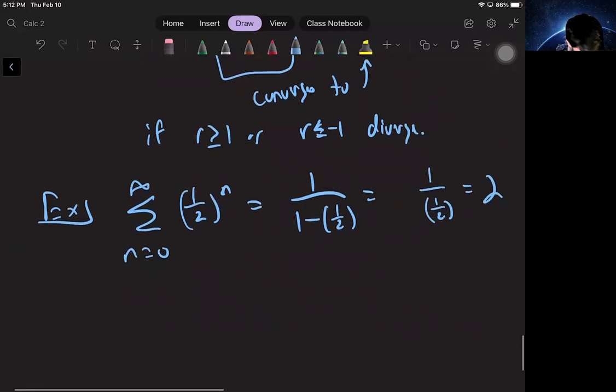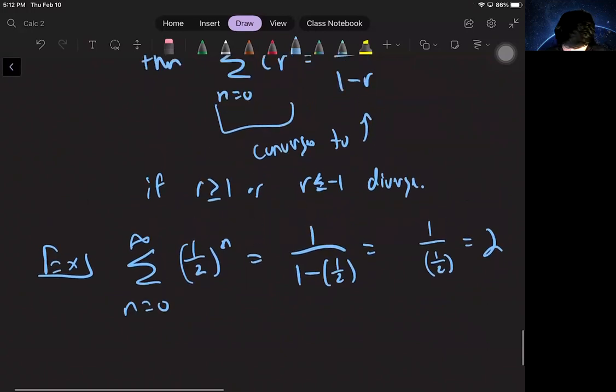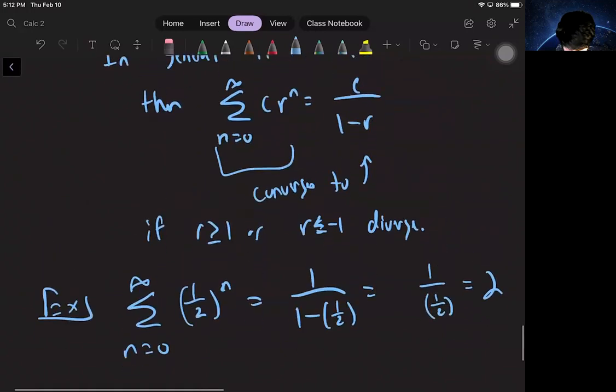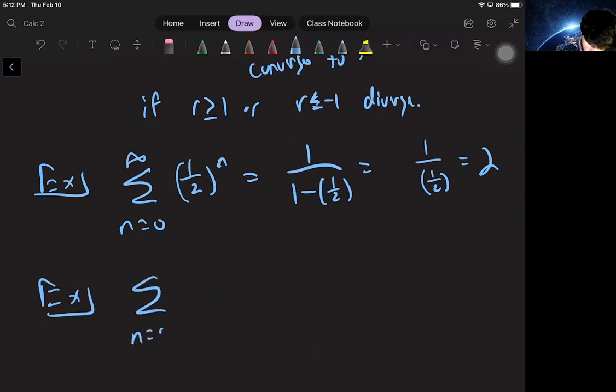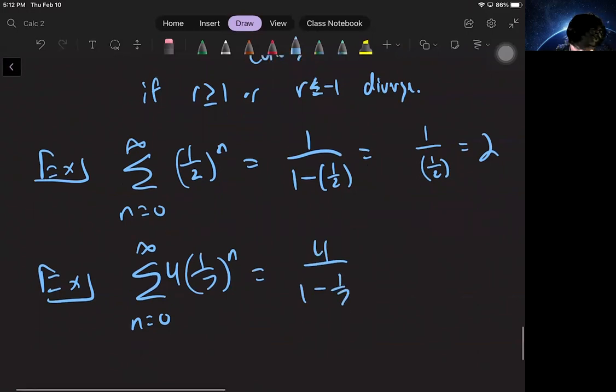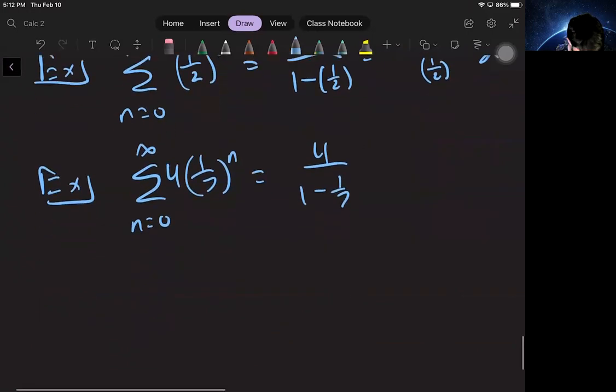But this is much faster. But again, you have to use the right tools for the right situations. So this only works for geometric series. For some other weird series, you wouldn't be able to use this formula. So just keep that in mind. Yes, it's quick, but it only works for specific things. So this would be something like 4/(1 minus 1/7). I don't want to simplify, so I'll just leave it like that.